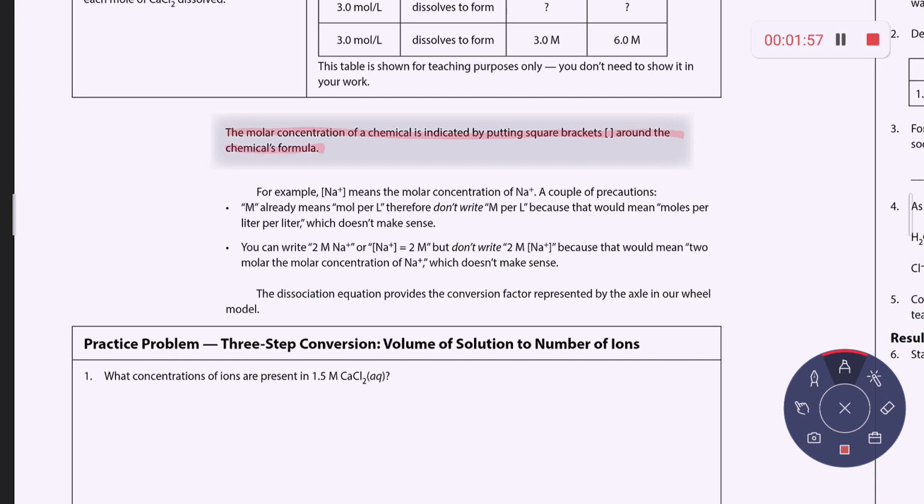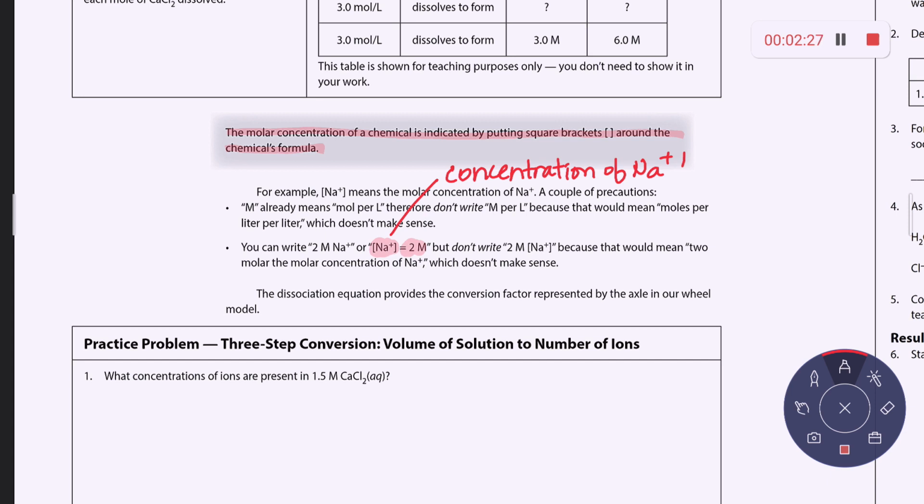So if you see something like Na+1 with brackets around it, this means what is the concentration of sodium ions in solution. So the concentration of sodium ions in solution would equal capital M, which is 2 molar. And I'll apply that in the practice problem that we're going to do at the bottom of the page.